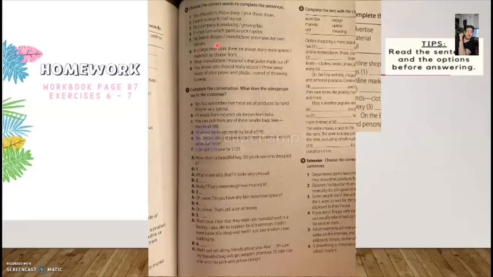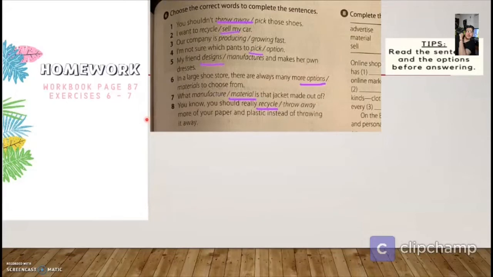And finally guys, we just arrived to the homework. Okay, workbook page 87, exercise 6 to 7. Okay, so number 6, you have here the answer. Choose the correct words to complete the sentences. You basically have to read the sentence and the options, and you can find the answer. Okay, so in number 1 it says you should blah blah blah those shoes.